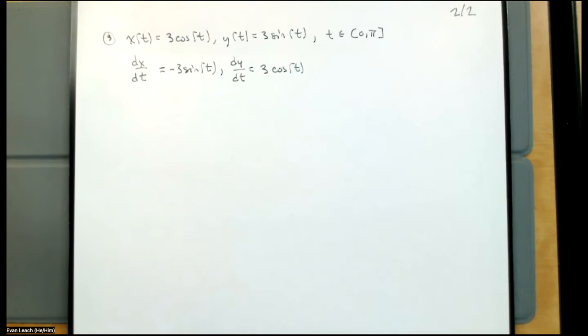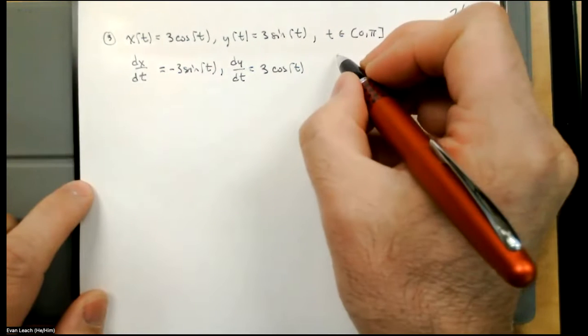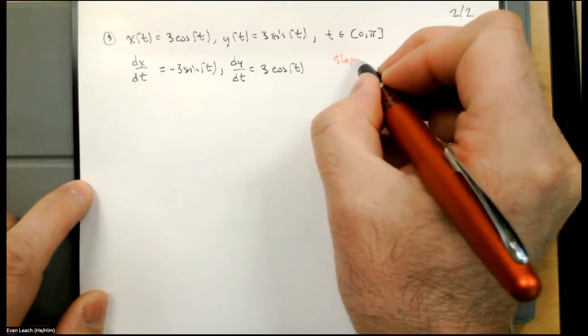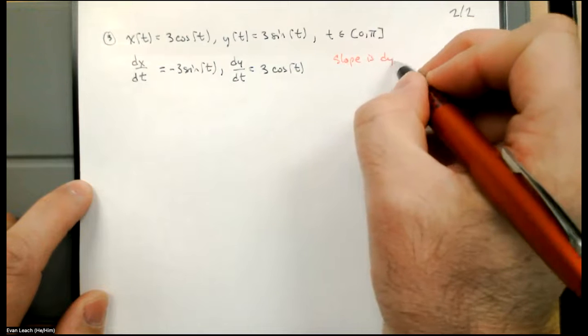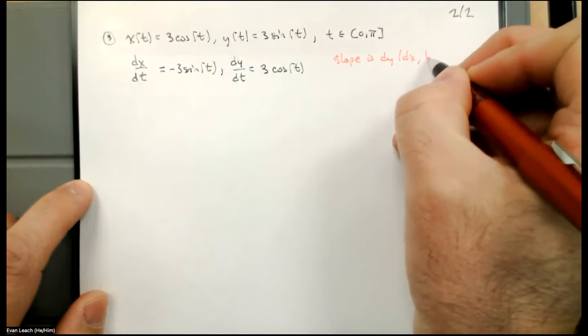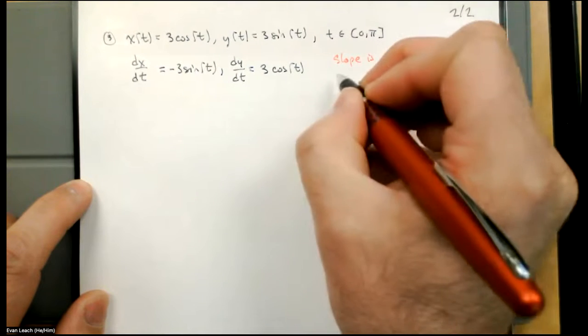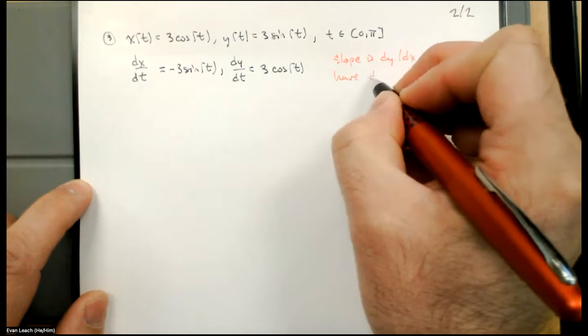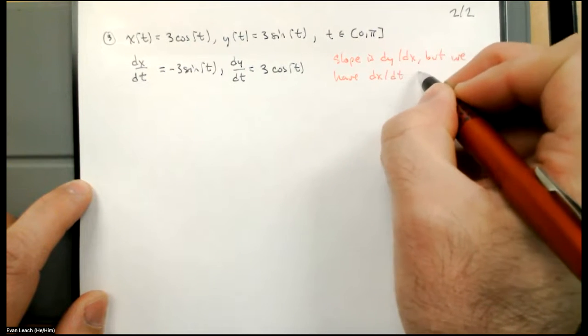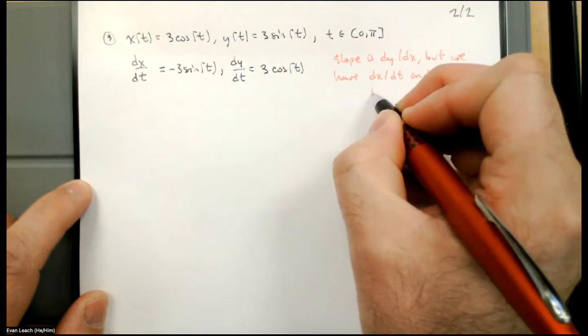So the difficulty that we have now is that we need to find dy dx. That's what the slope is. Slope is dy dx. But we have dx dt and dy dt.